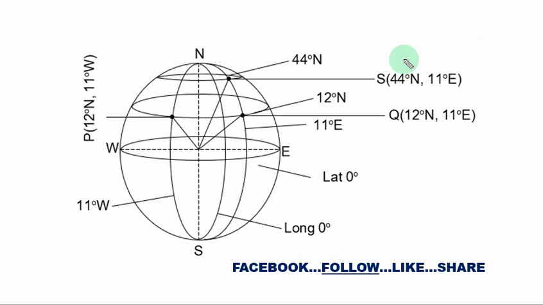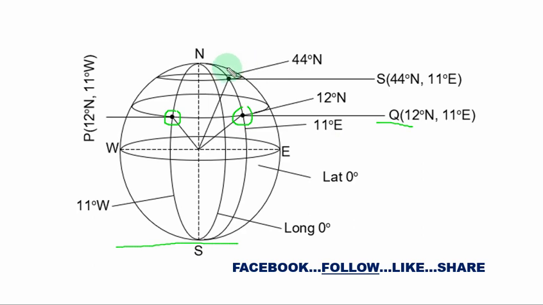All that I illustrated earlier is what you have here. So this point is latitude 12 degrees, longitude 11 degrees west. That is P. This point is latitude 12 degrees, longitude 11 degrees east.